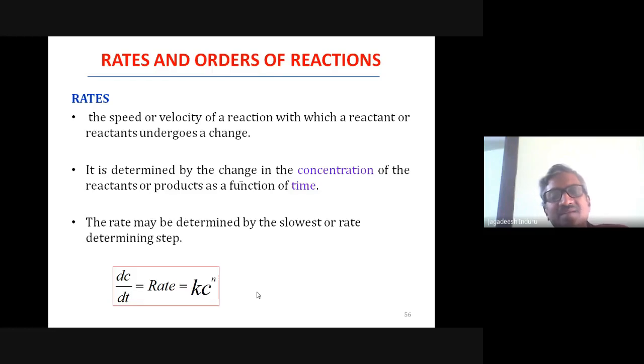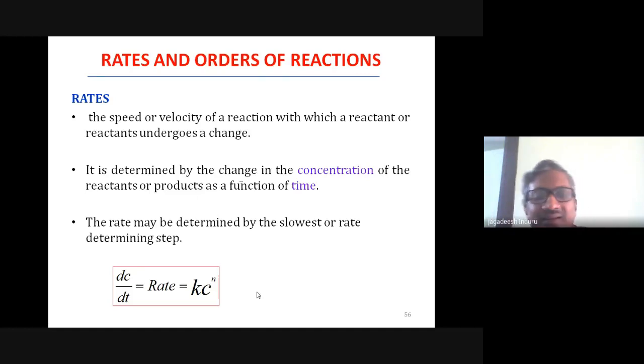It means the rate of reaction, which is the change in concentration per unit time, is dependent on one concentration of your reactant. If it is c to the power of 2, it is dependent on two concentrations of your reactants. Two reactant concentrations are linked to your rate of change.